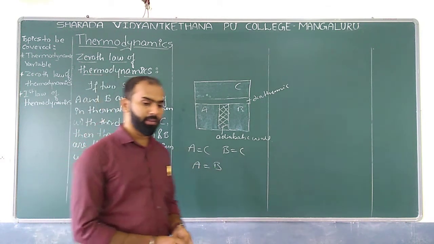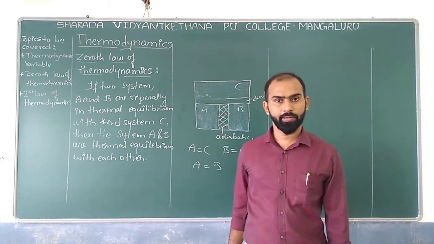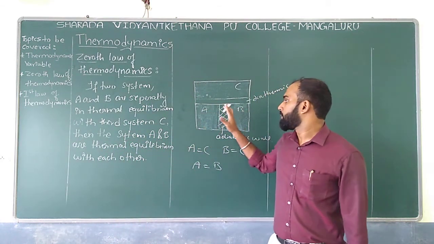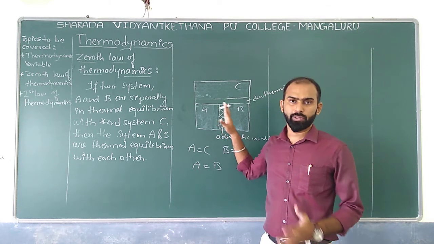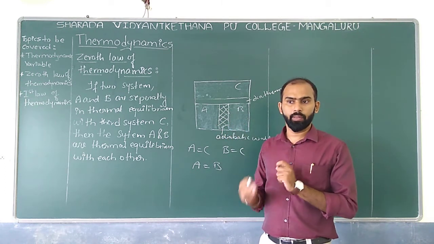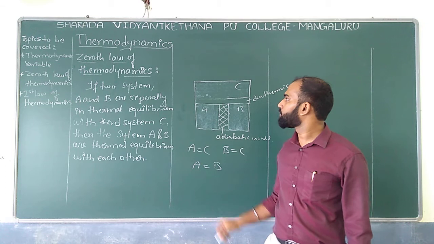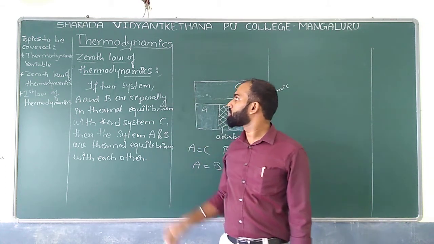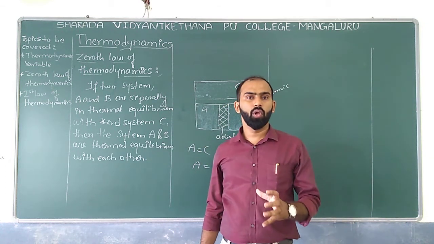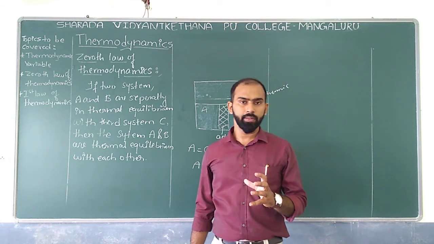It is as simple as basic mathematics. So temperature plays a major role in terms of thermal equilibrium. So this is what exactly we find under the law, which is nothing but the zeroth law of thermodynamics. Okay? Right.